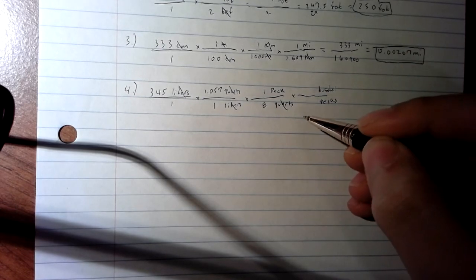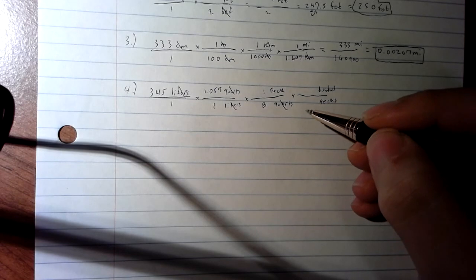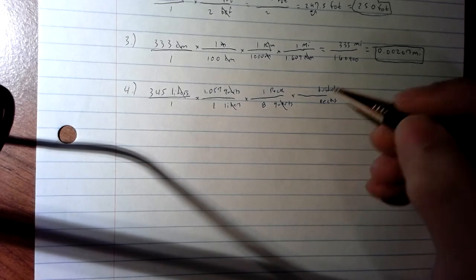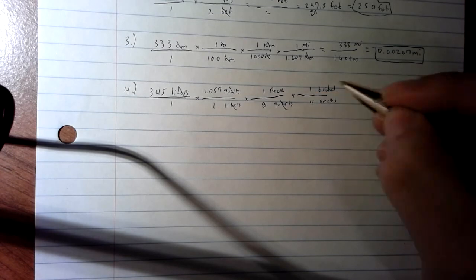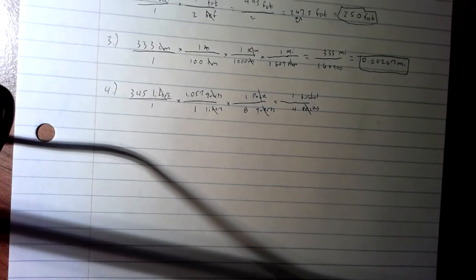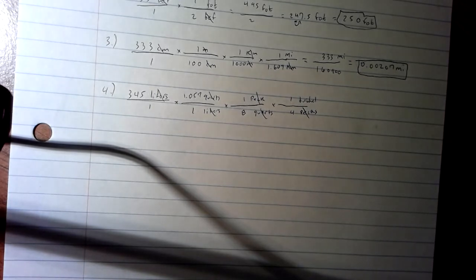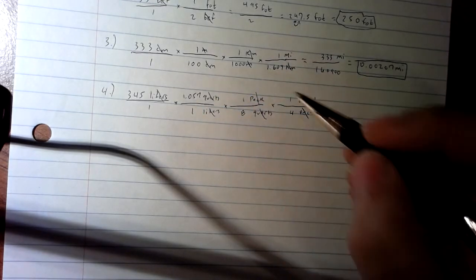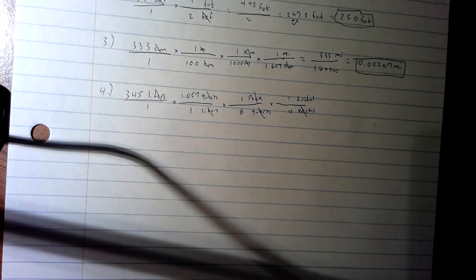And where is that conversion? It's right next to this one. It's above it. 1 bushel is 4 pecks. So 4 pecks, 1 bushel. And then, of course, diagonal cancellation. Alright, good. Now we just do our math.